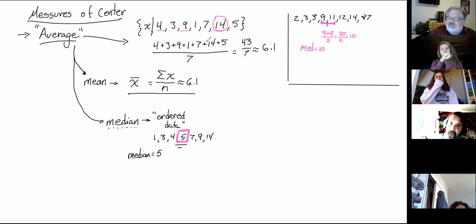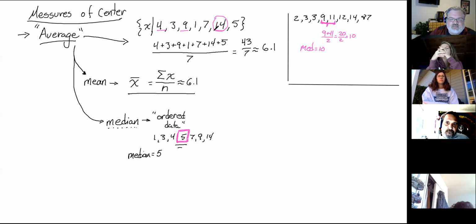But when we added them together, that 43 is kind of bigger than it might otherwise be because this 14 added so much. So when we divided it by how many we had, 7, that's 6.1. Notice it's higher than that 5 because it took into account this high value.